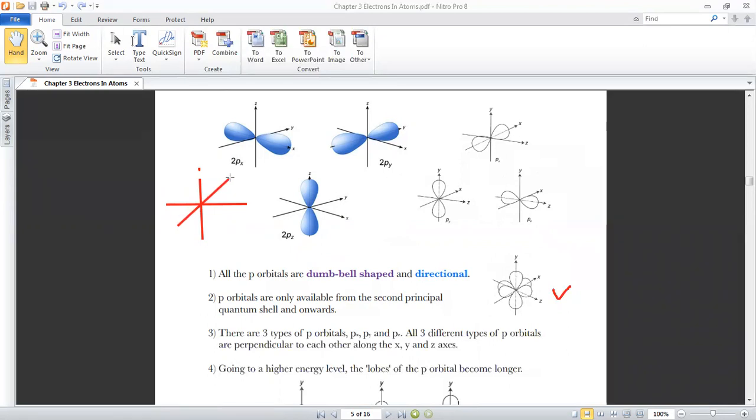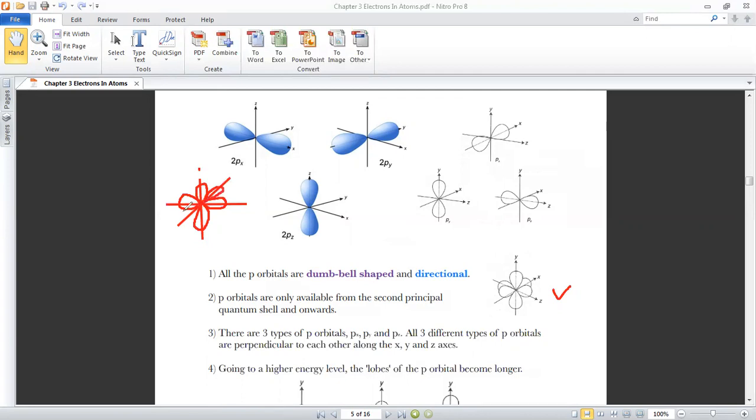Draw the axis first. Then what you need to draw is all three together. So if you draw one as py, then one as px, and then py, pz.